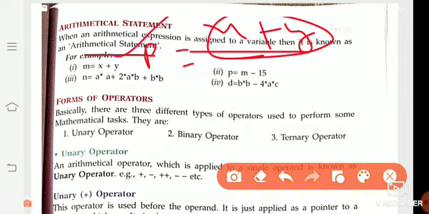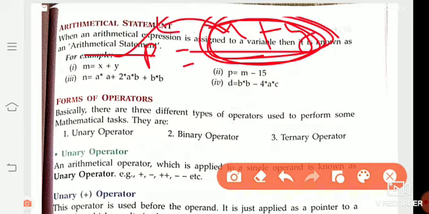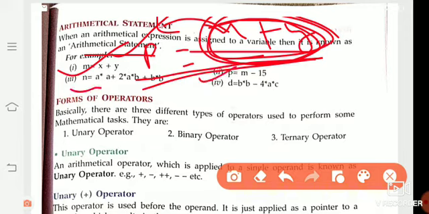That means the arithmetical expression x plus y is assigned to another variable, and this whole statement is called an arithmetical statement. Like m is equal to x plus y, p is equal to m minus 15, and so on. So arithmetical statement is clear.